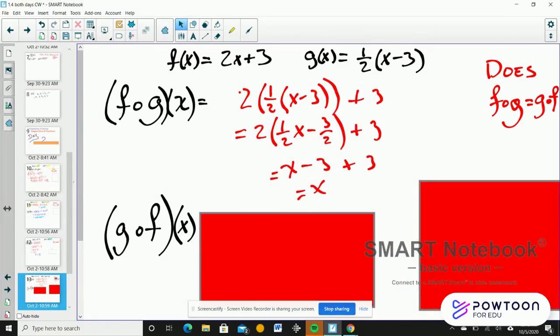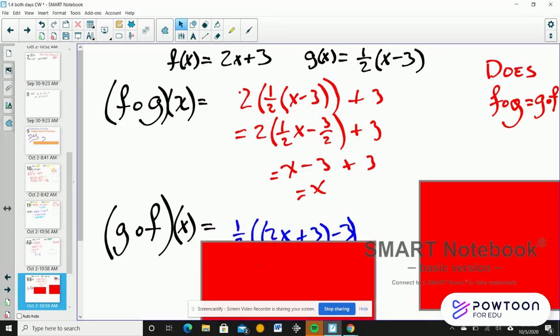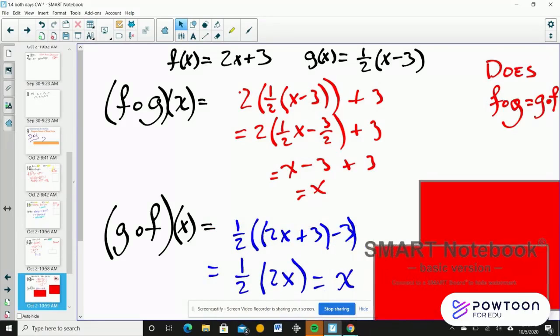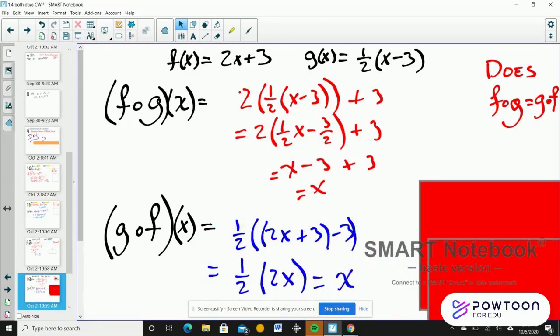Now to find g of f of x, we put f of x in for x in g of x, and go through our simplifying. And we also get x. So on this problem, since they both equal x, f of g of x does equal g of f of x.